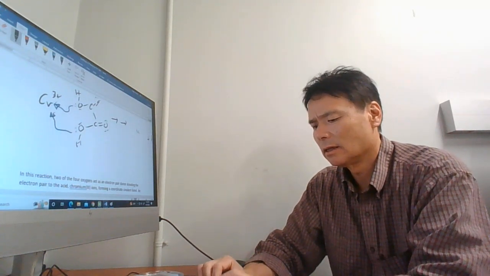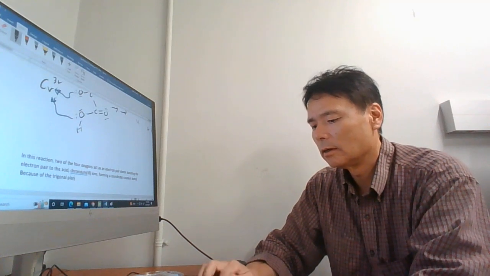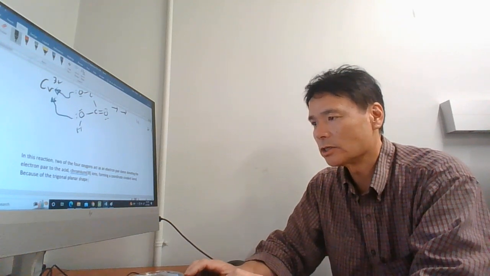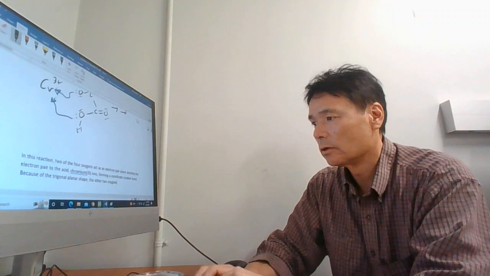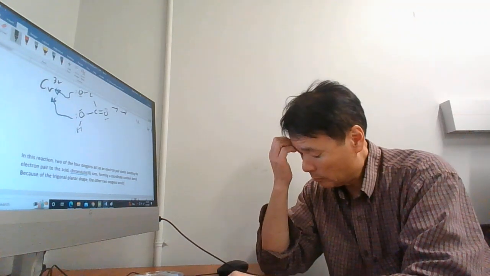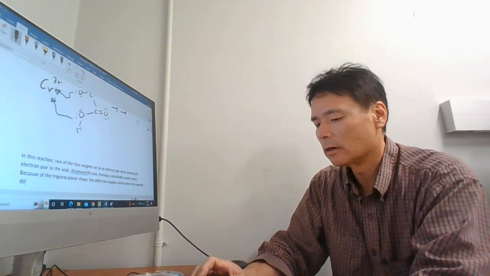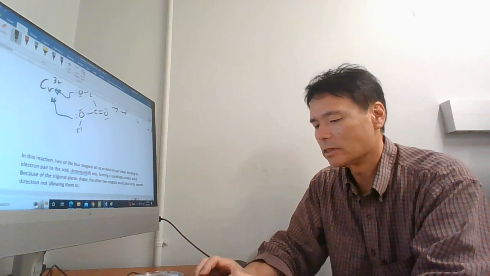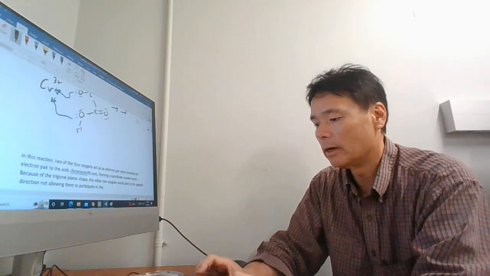Because of the trigonal planar shape, the other 2 oxygens would point in the opposite direction, not allowing them to participate in the bonding.